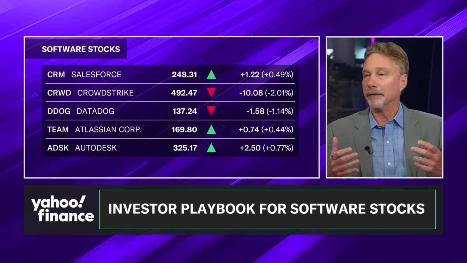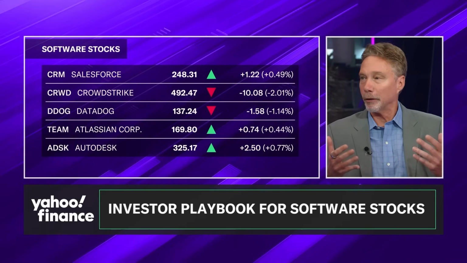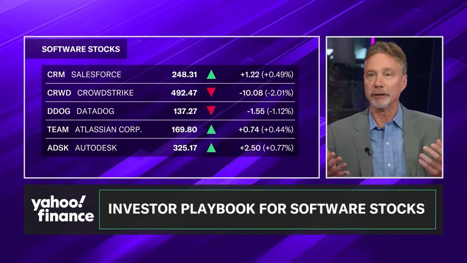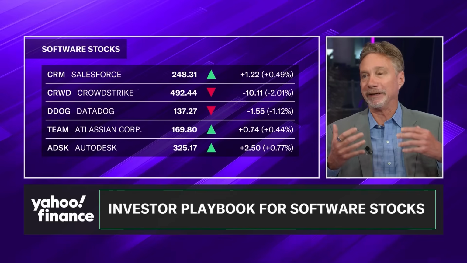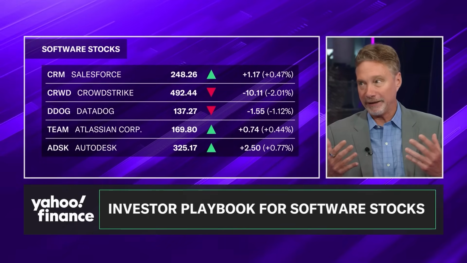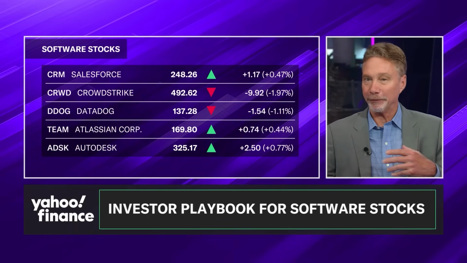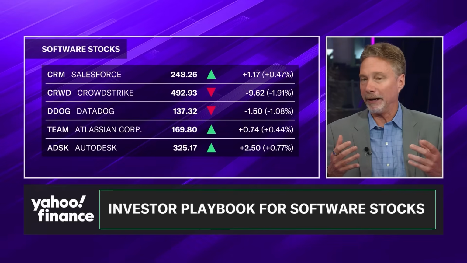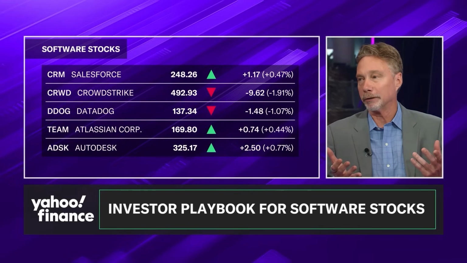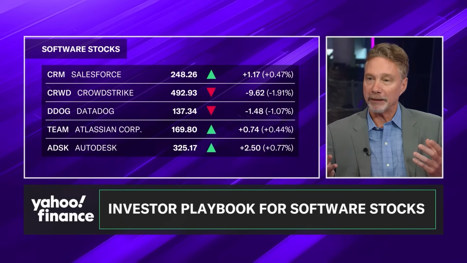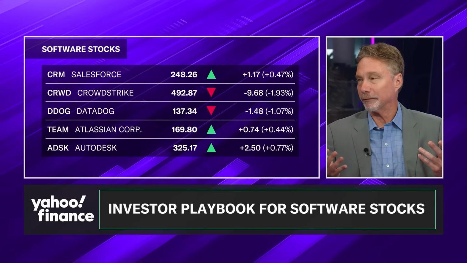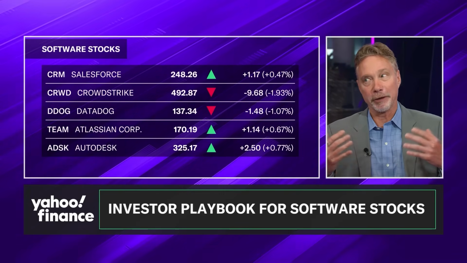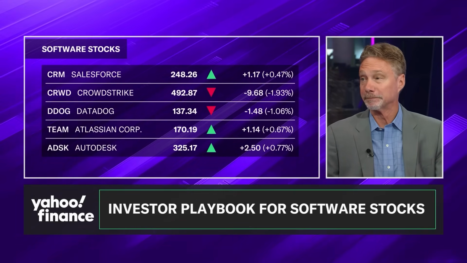But there's a lot of great revenue momentum going on in software now, and certainly a lot of investment dollars are flowing into anything AI related. So that's kind of the backdrop, and I think investors want to stay prudent, and stock selection remains very important. But I think that software is a great place to make money, and averaging in over time is probably a great way to go.